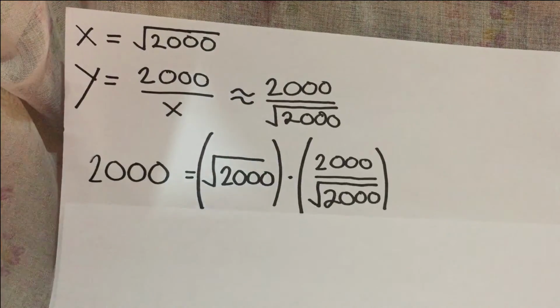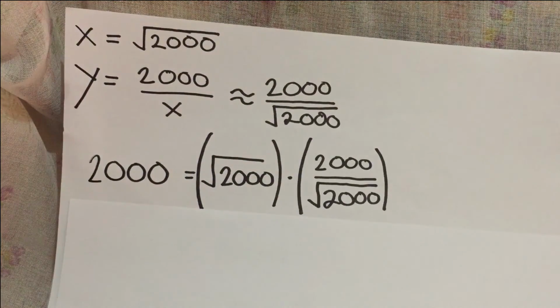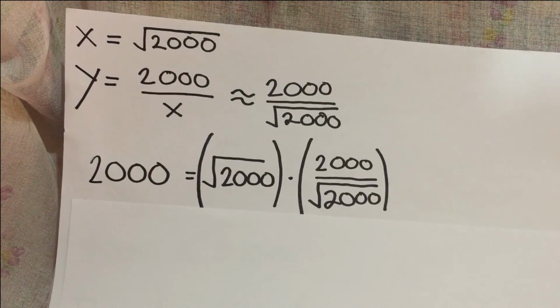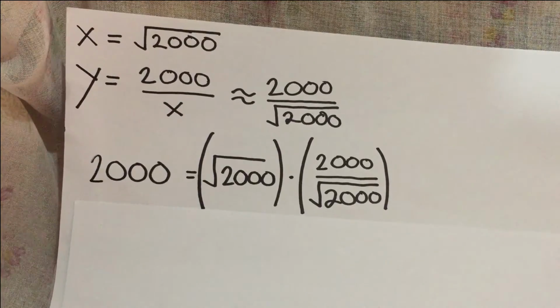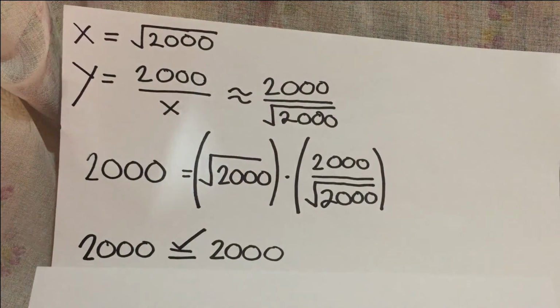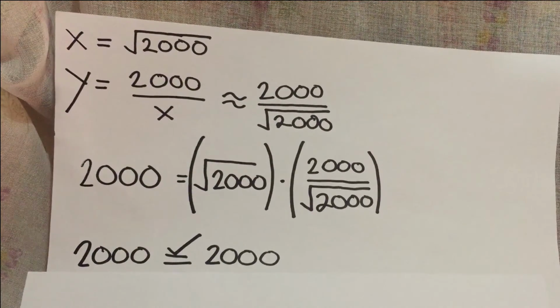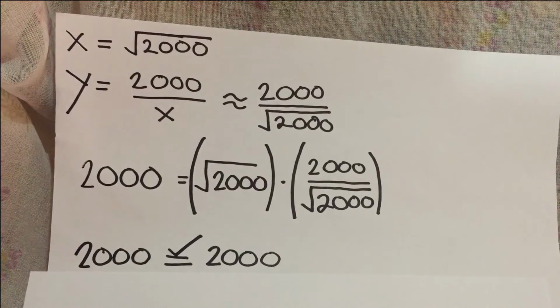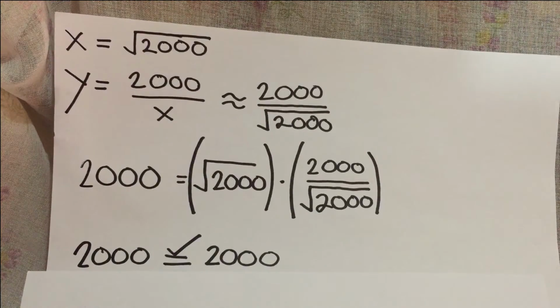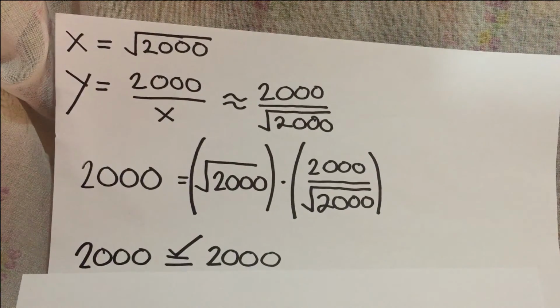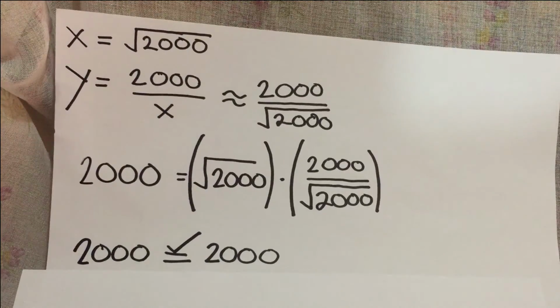So the square root of 2000 multiplied by 2000 over the square root of 2000 equals 2000. So the values of x and y are correct.